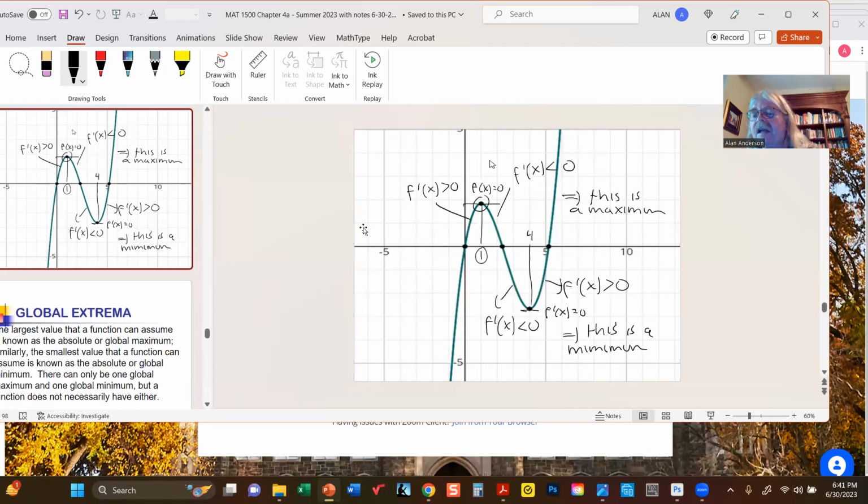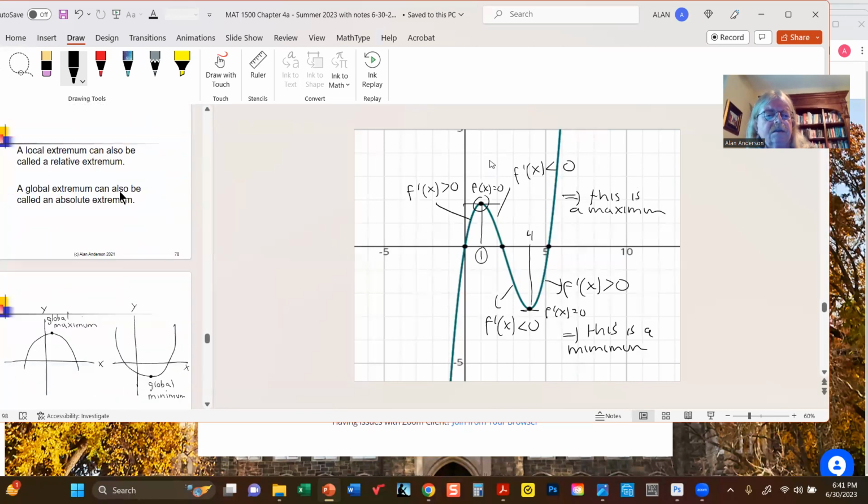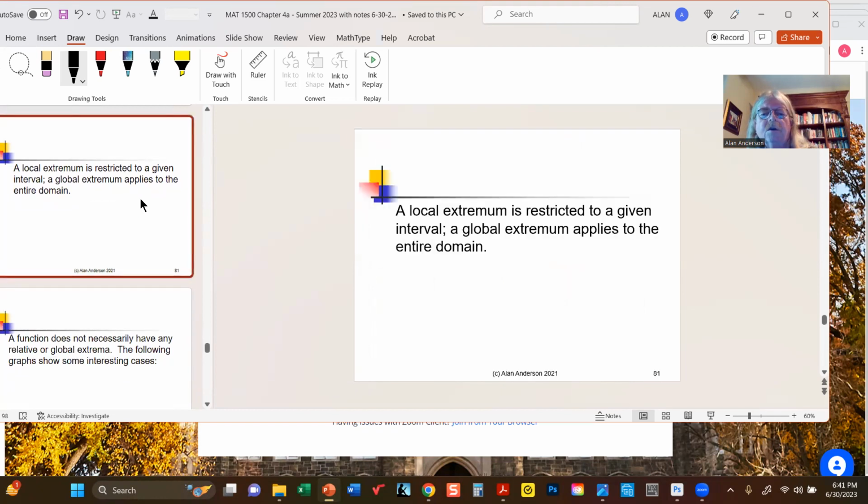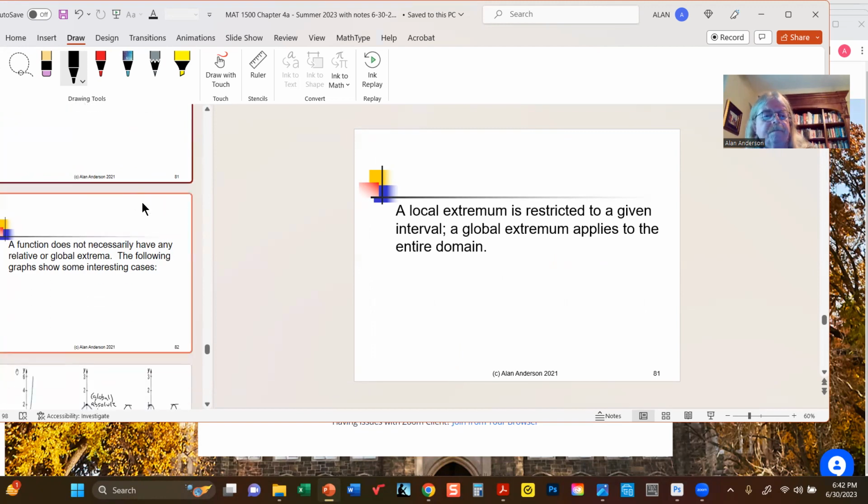It does not have an absolute maximum or minimum, because that would be infinity. That would imply that there's some value that the function never goes above or below. So a local extremum is restricted to a certain interval. A global extremum applies to the entire domain.